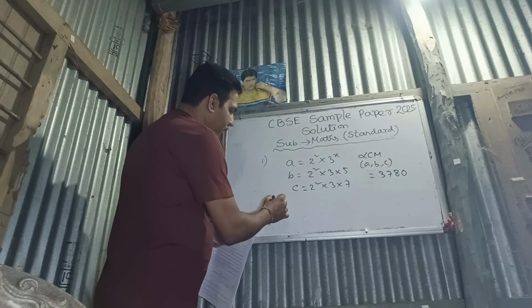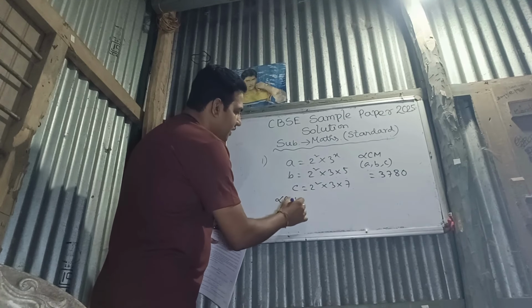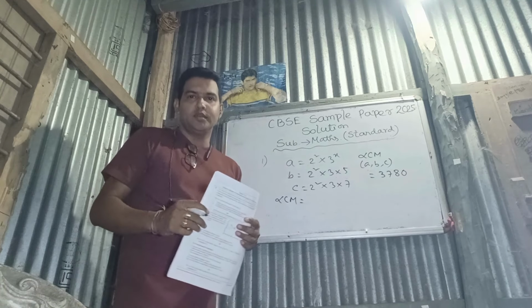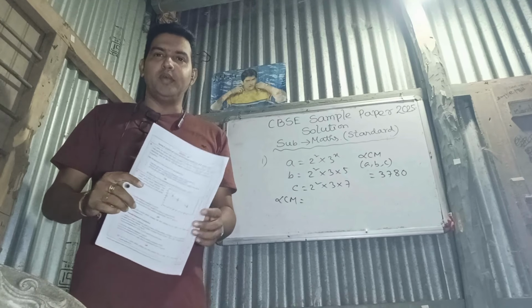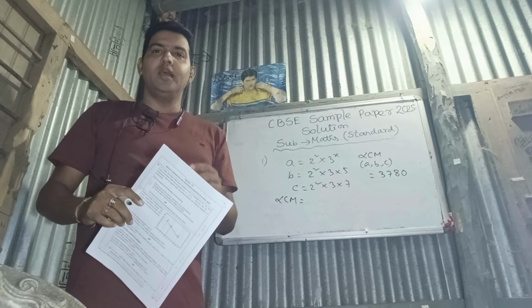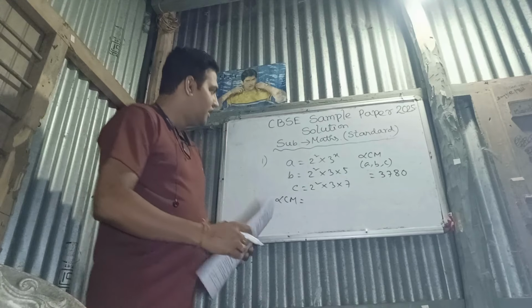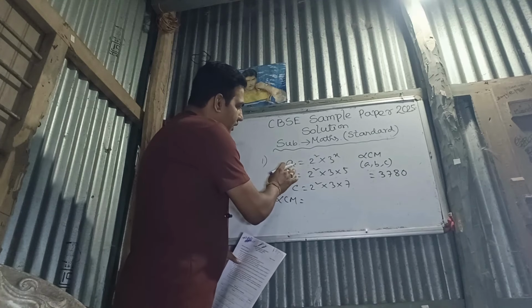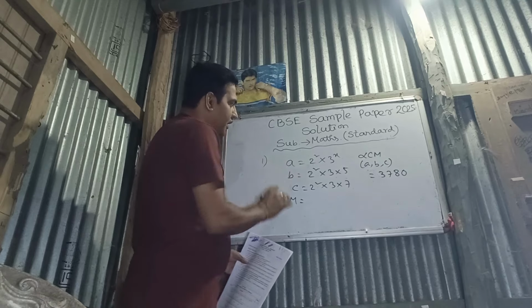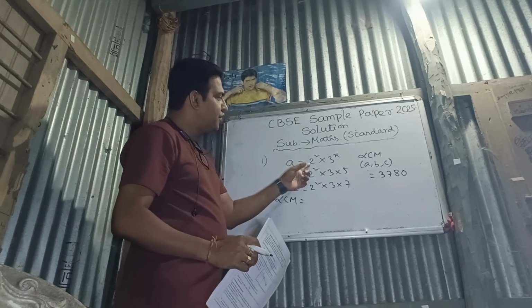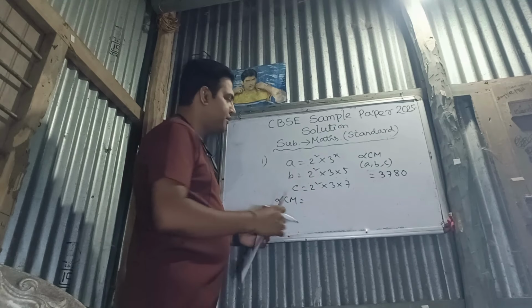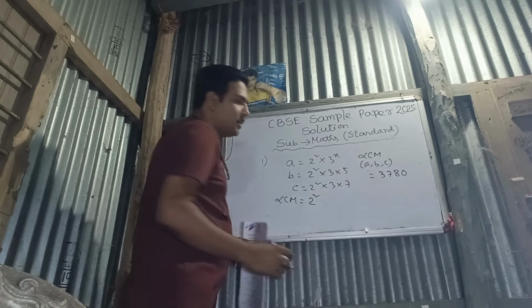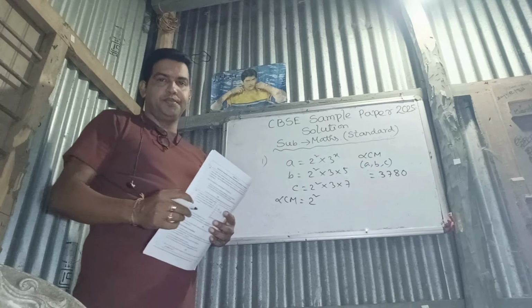So the LCM of A, B, C, LCM means what? The lowest common multiple by which A, B, C are all divisible. So look at the number A. There are 2 for 2 times, B 2 for 2 times, C 2 for 2 times. So what is the LCM? 2 square will come.